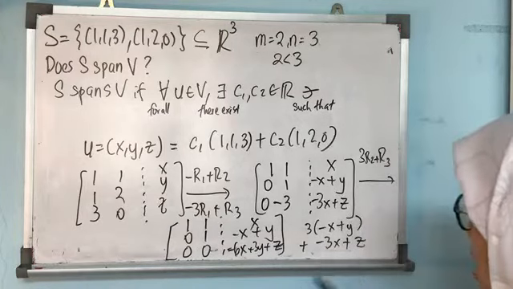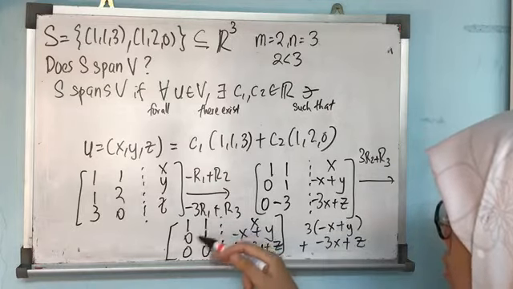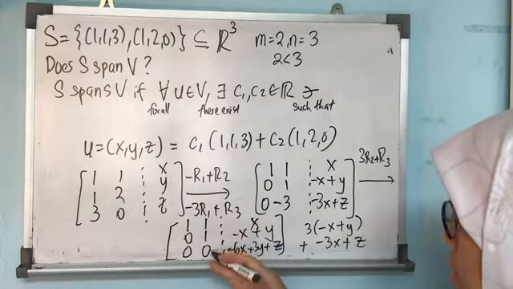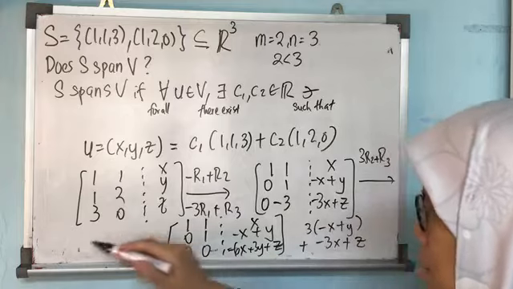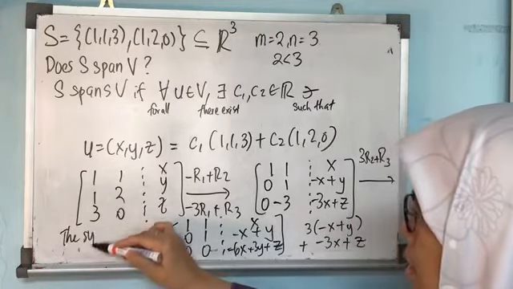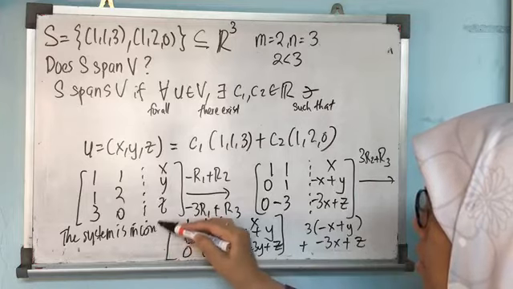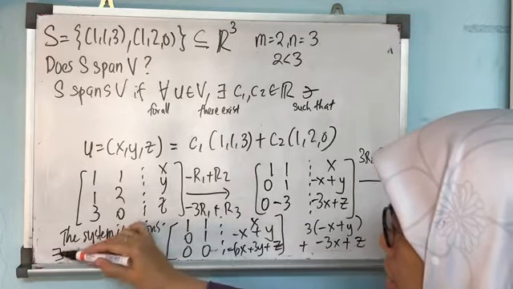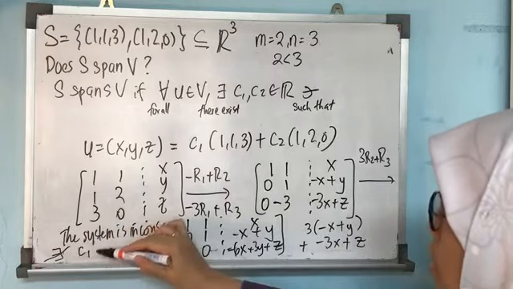Okay. Now this gives the rank 2, the rank 3. Or you see 0 equal non-zero. So the system is inconsistent. So there does not exist C1, C2.